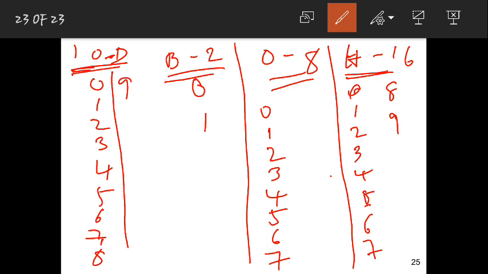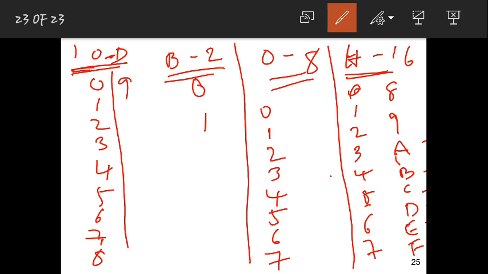But in hexadecimal, instead of writing 10, what you will represent that value with is A. A means 10. Next B, C, D, E and F. So this is 9, and after 9 you would have 10, 11, 12, 13, 14, 15.